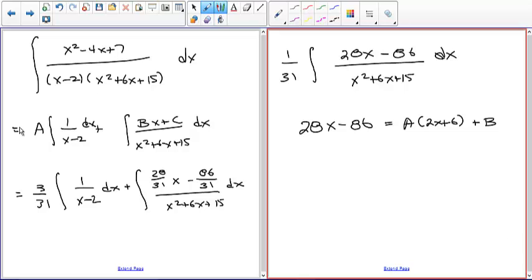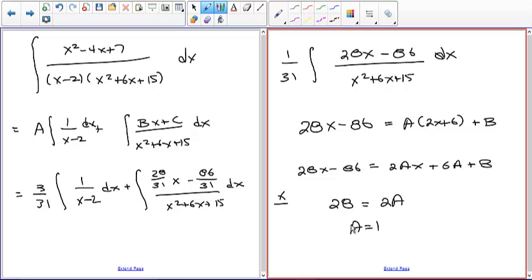So it's kind of like we just did previously for partial fractions. You multiply out both sides. So you get 28x minus 86 is equal to 2ax plus 6a plus b. And you set the x parts equal to each other. So you get 28 is equal to 2a, or a is equal to 14.